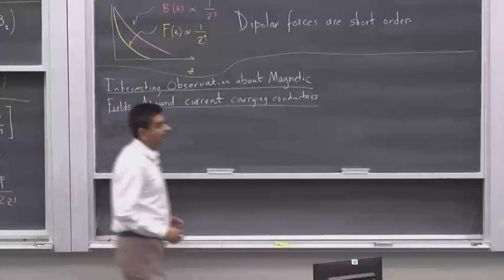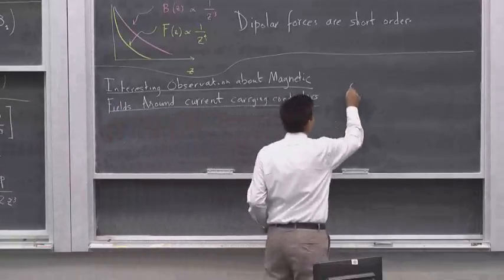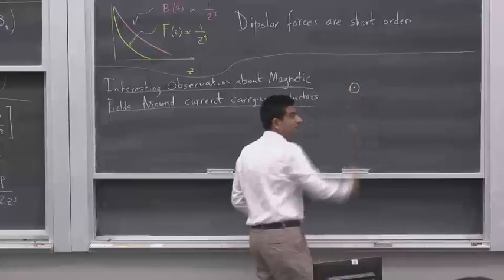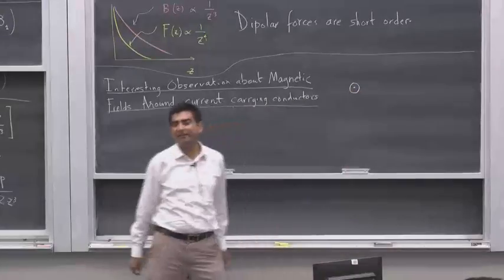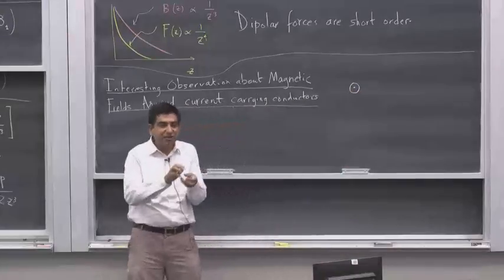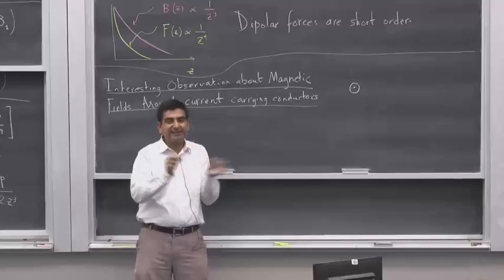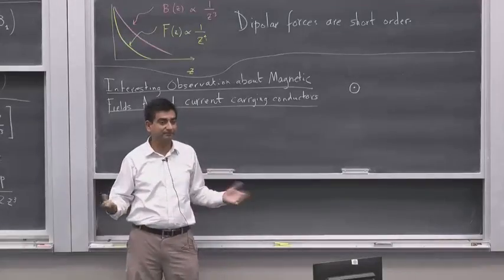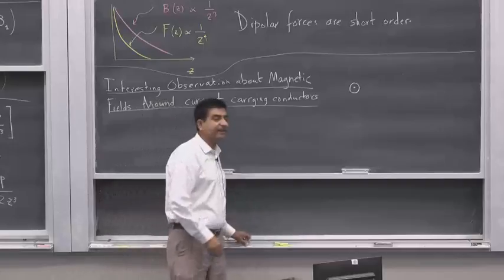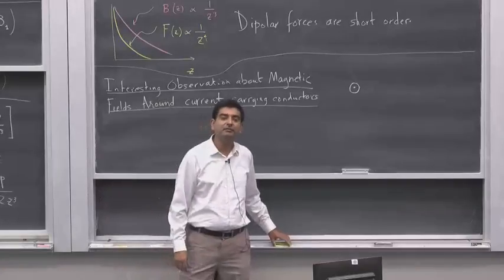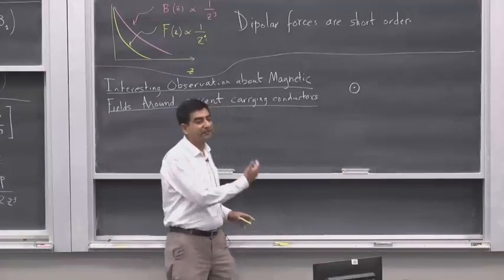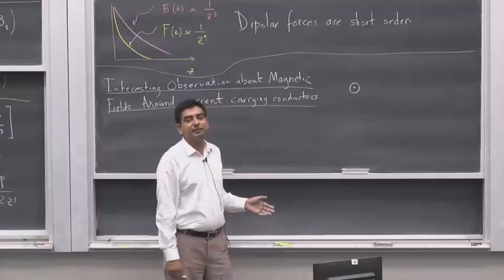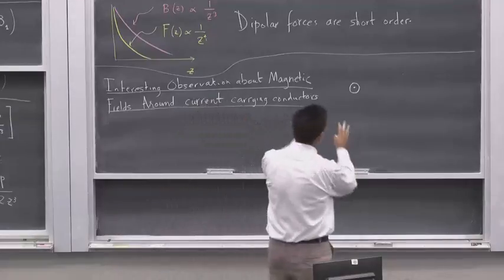Now if I have current that is coming out of the plane of the blackboard, and it's a really thin wire, so that its spatial extent is negligible, this wire will produce a magnetic field. We all know that. Now what's the direction of the field here? It's going to be circular and anti-clockwise when we view from the front.